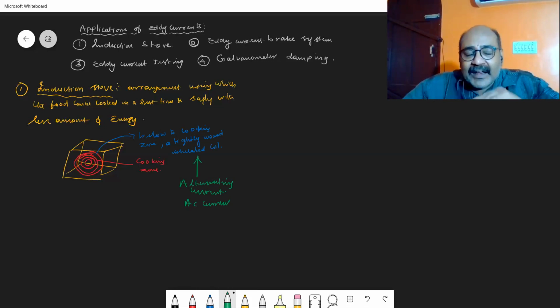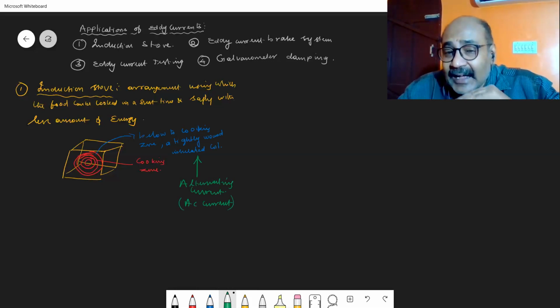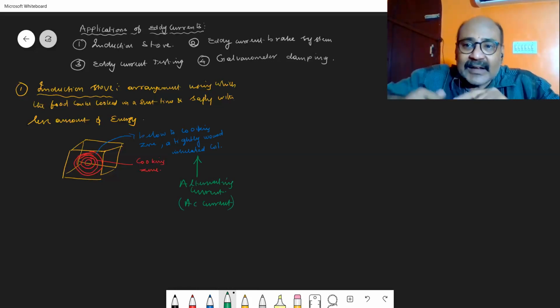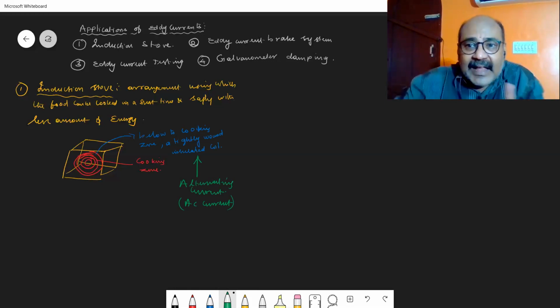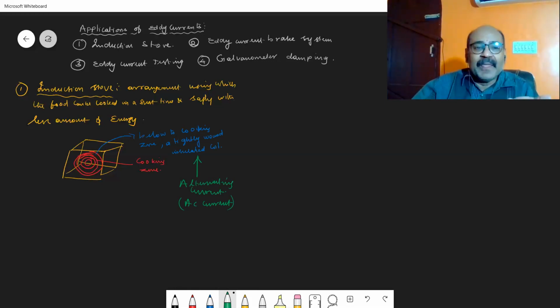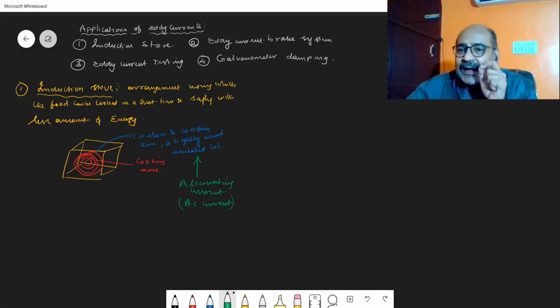We supply AC current to that insulated coil, which is wound tightly and kept below the cooking zone. The alternating current that we get in our home has a frequency in the range of 50 Hertz to 60 Hertz.